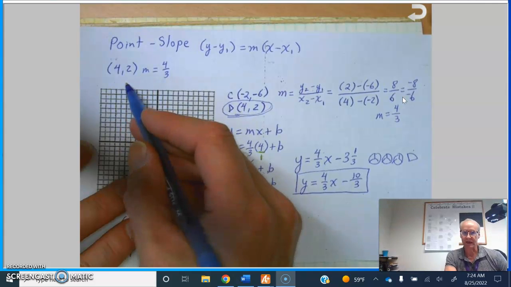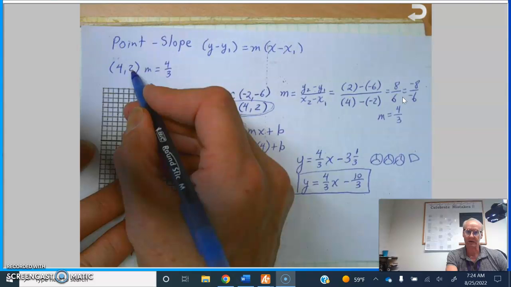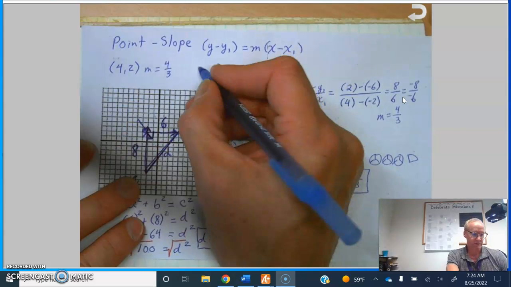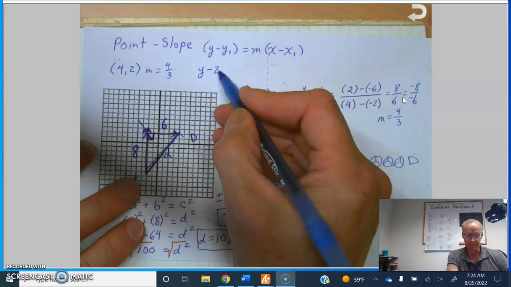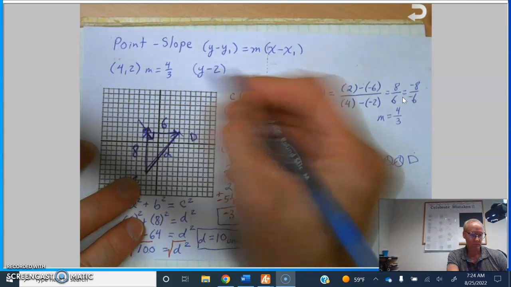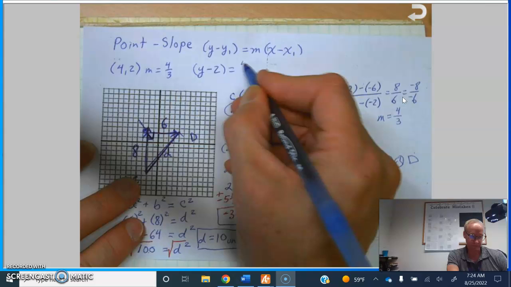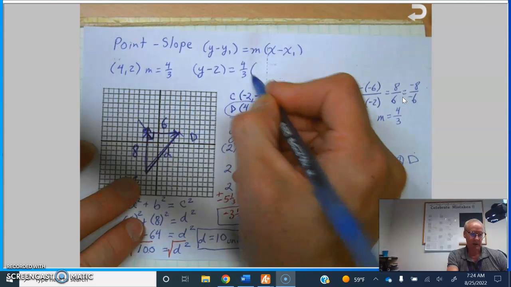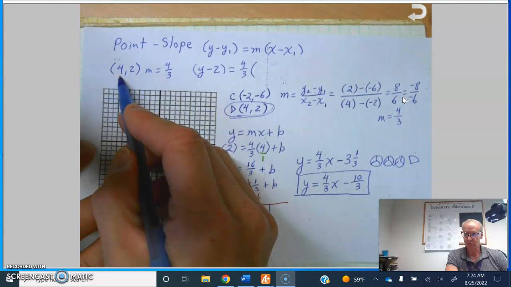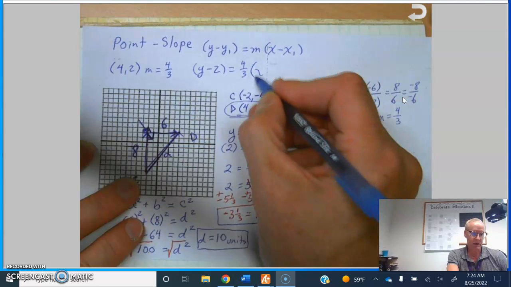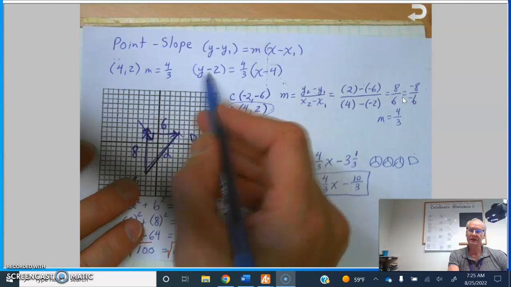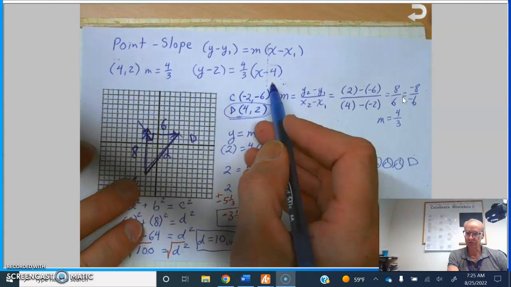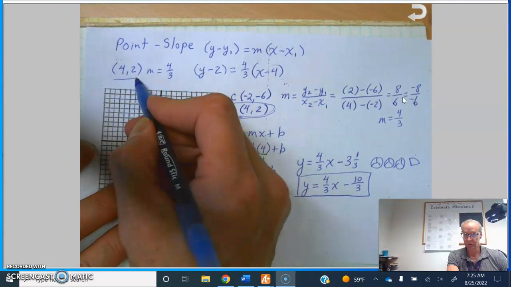The way I'm going to force that is I'm going to zero out this 2 by doing this, y minus 2. You can see that that's what I did there. Equals 4/3. And then I'm going to zero out my 4 by taking x minus 4. And what we've done is we've created an equation that has a solution 4, 2.